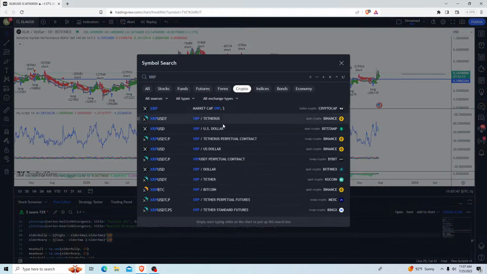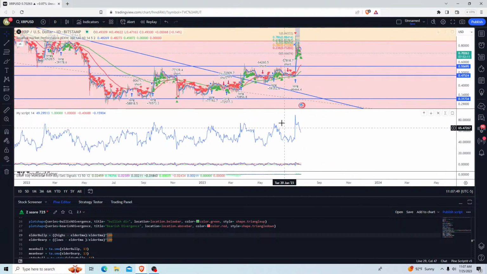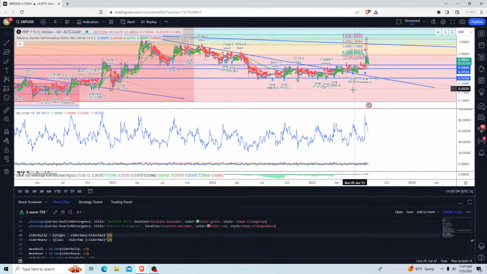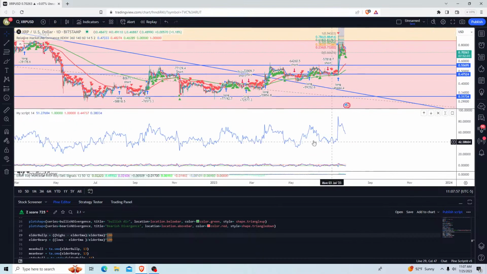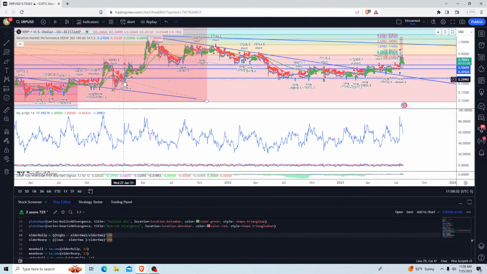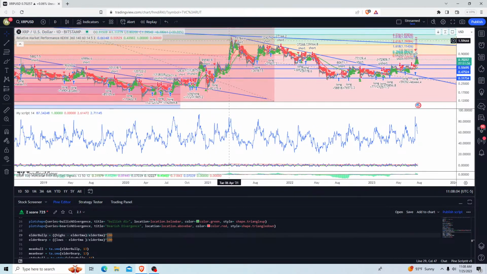XRP is probably going to be the same thing. There's a breakout, right? This was a very significant breakout.